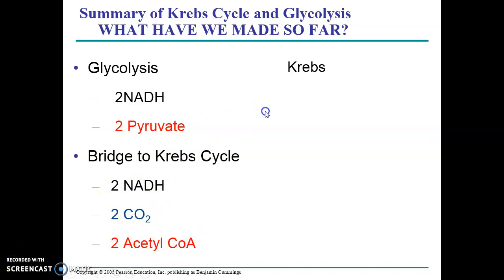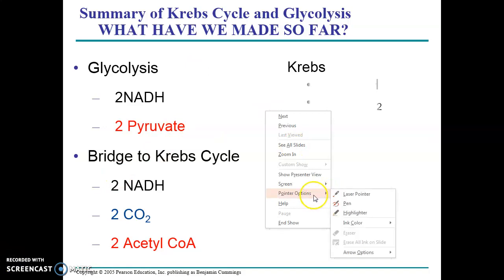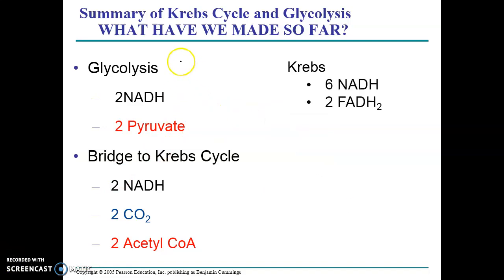It's important to remember that in glycolysis we had 6 carbons, which are now in pyruvate, which has 3 carbons, and then are in acetyl-CoA, which has 2 carbons. So in the bridge, we oxidize pyruvate, getting out 2 NADHs. The electrons from pyruvate are now in NADH. We have 2 carbon dioxides, and what's left of glucose is acetyl-CoA.